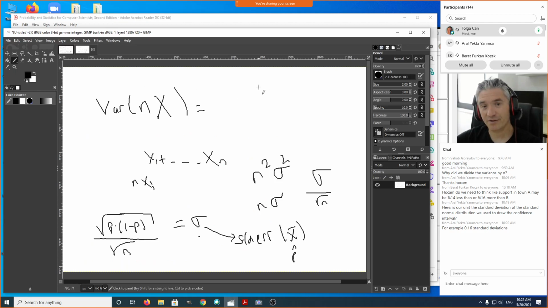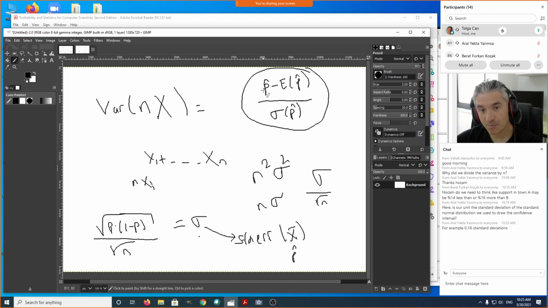It becomes a standard random variable because we do this, just like we did earlier. The reason we multiplied with z times the standard error of this is that it's the standard deviation of p hat. So we use the same formula that we use for building confidence intervals. Okay, so it becomes a standard normal distribution because of this.